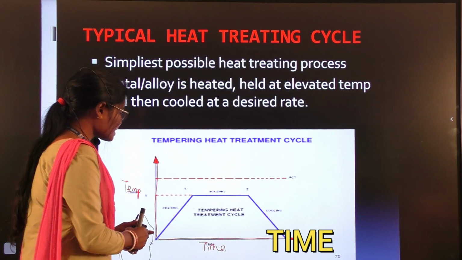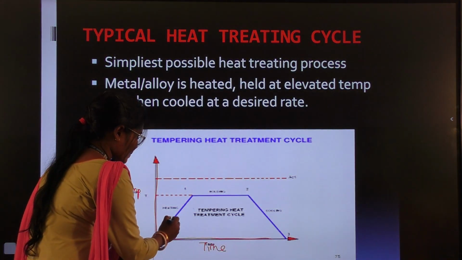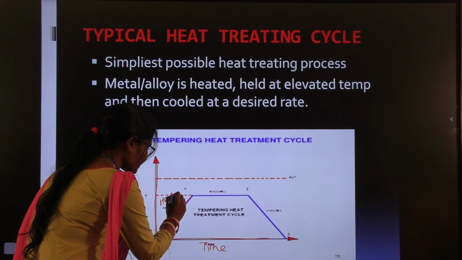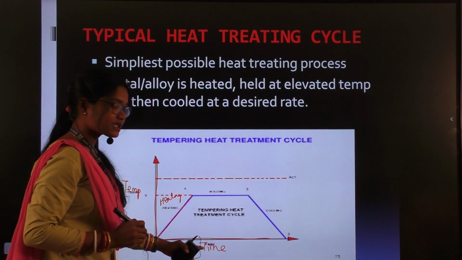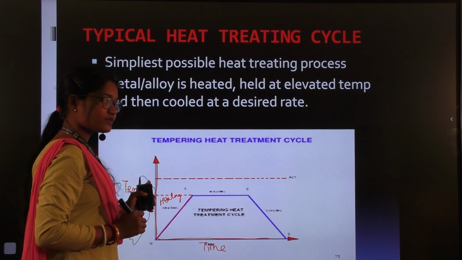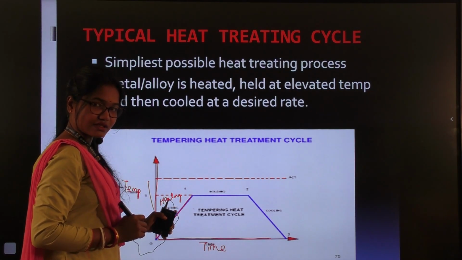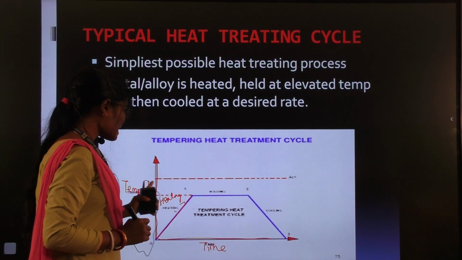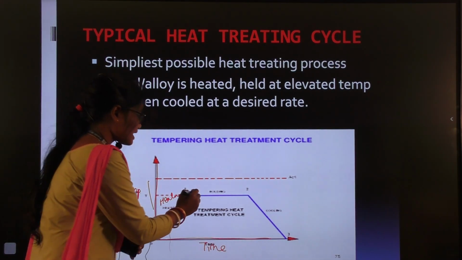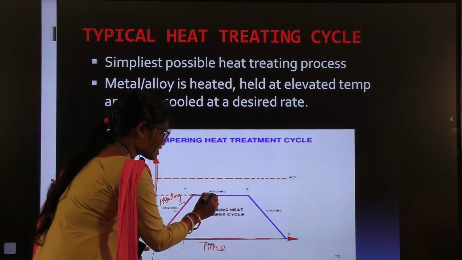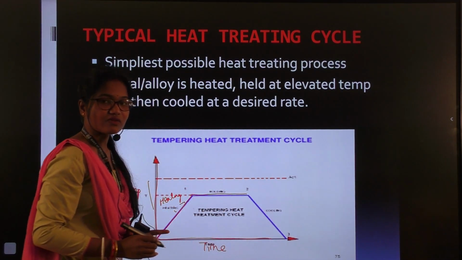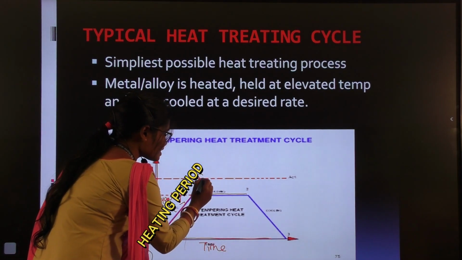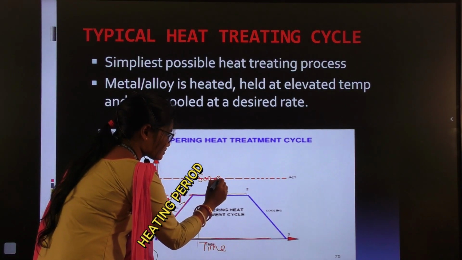This line is the heating line. With the increase of time and the increase of temperature, heat treatment is done. After the heating process is done, the temperature is kept constant and only time is increased. This period is called our heating period, and this period is called our soaking period.